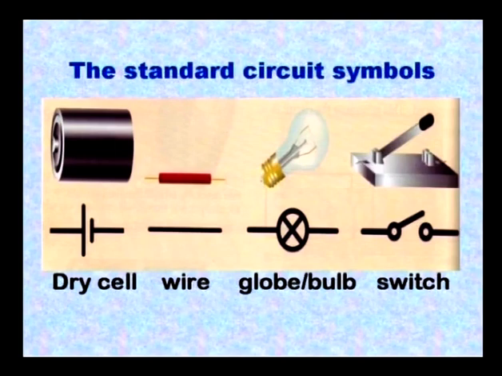So we have the first one, which is dry cell or battery. The second one represents wire. And the third, globe, bulb, or sometimes you hear people saying lamps. And the last is switch.